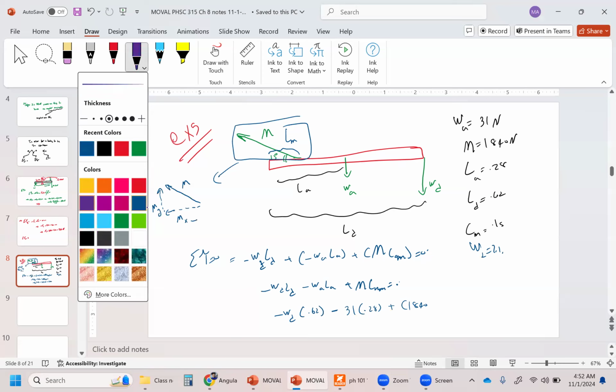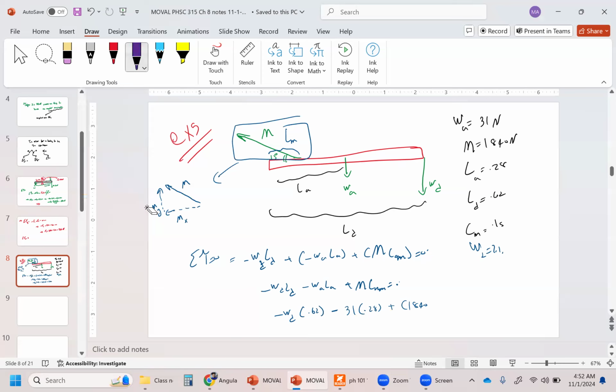M in the x direction is going to be M cosine theta, and M in the y direction is M sine theta.